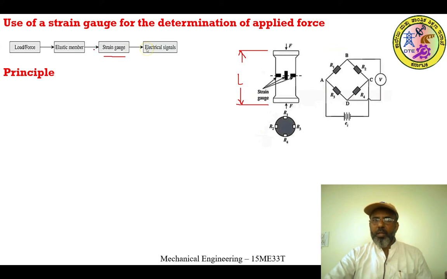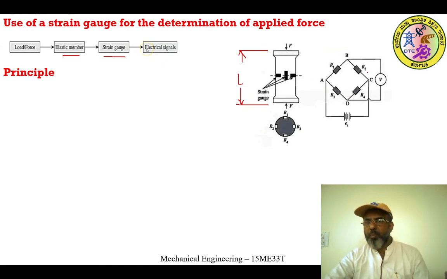Therefore, initially the load is applied, and the output will be in the form of a deformation in the elastic member. Then that output becomes the input to the strain gauge, and this input in terms of deformation becomes the output in the form of voltage.